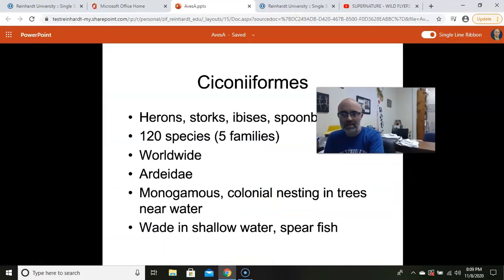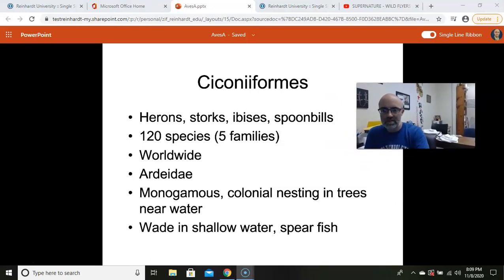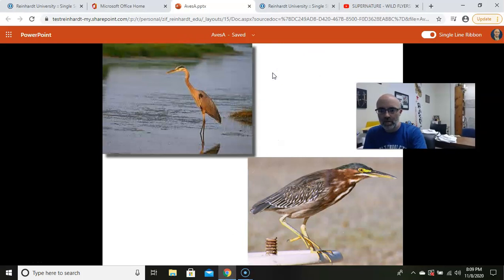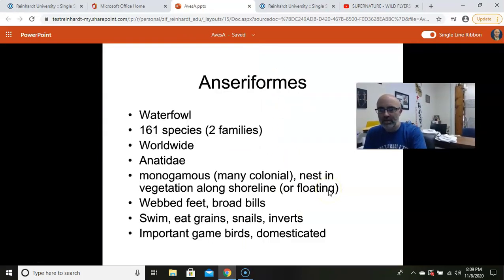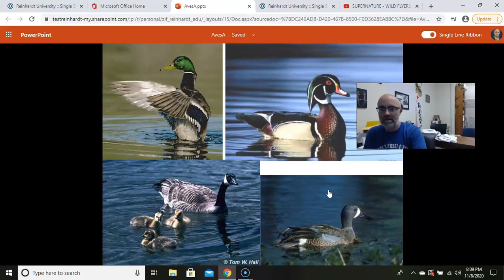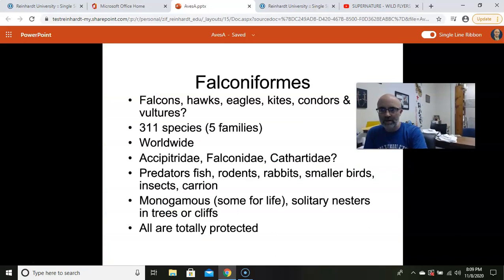Ciconiiformes, the herons, storks, ibises, spoonbills, mostly all water birds. Here's our great blue and our green heron. And Anseriformes, all the waterfowl. We've got wood duck, bufflehead, Canada geese, and mallard.